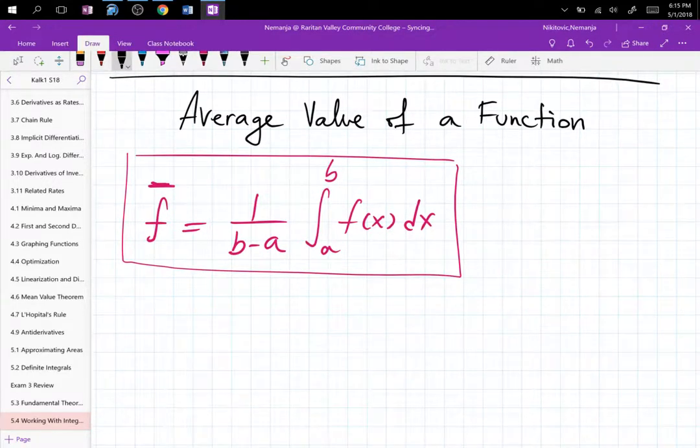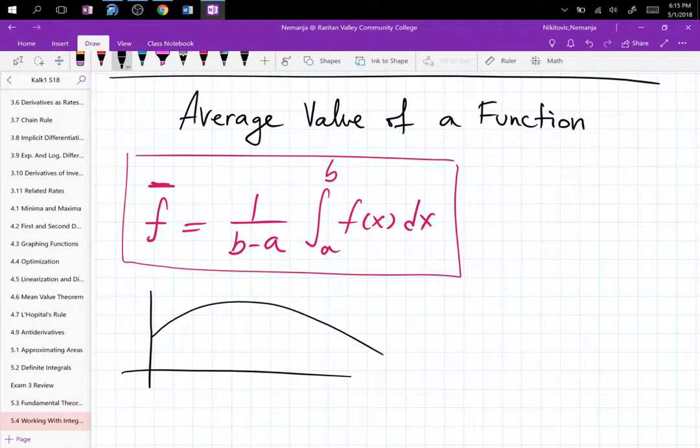The idea of what this is achieving is, you have a function f of x, and this is calculating the value for the average.